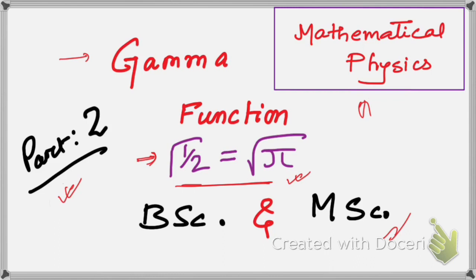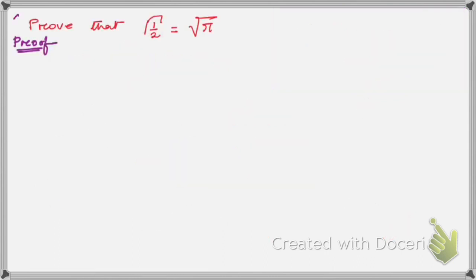Okay, so now let's start. Now let us prove that gamma half is equal to root over pi. So we know that gamma n is equal to integration 0 to infinity x to the power n minus 1 e to the power minus x dx, right? We know this.